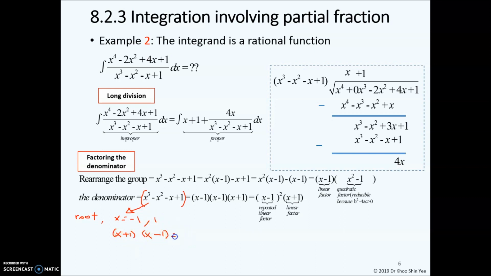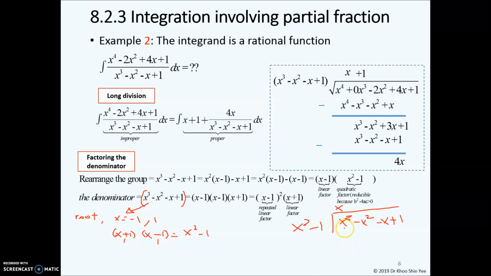So from here, when you expand, you should get this x squared minus 1. So these are the two factors. To find the remaining factor, we can take the x to the power of 3 term inside here, and we perform the long division. So you divide by x plus 1 and divide by x minus 1, and you should be able to get the last factor. In simple terms, we directly divide by x squared minus 1.